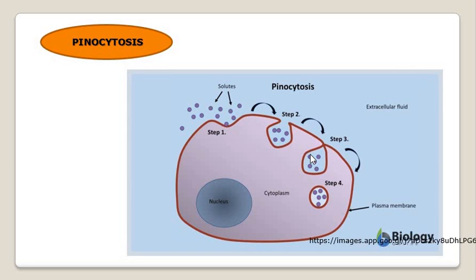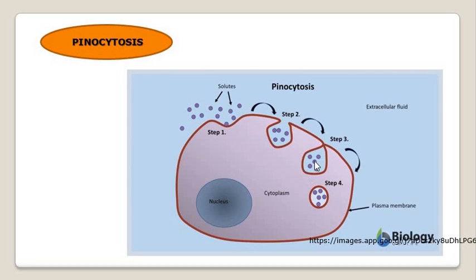Now this pinosome, where does it go further? It is not going to be used as it is. This pinosome, dear students, is further fused with the lysosome, because by itself it is not able to digest. And for the digestion of this protein or whatever liquid material is there, lysosomes are utilized. So it gets fused with the lysosome.